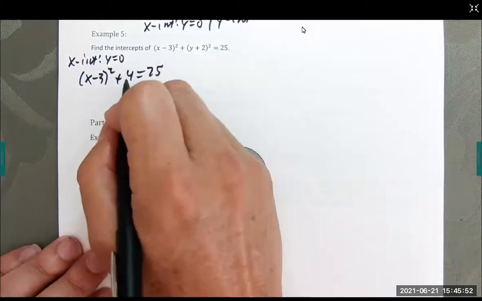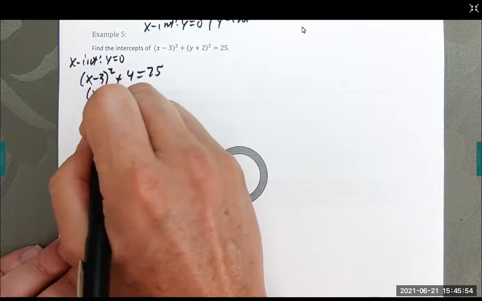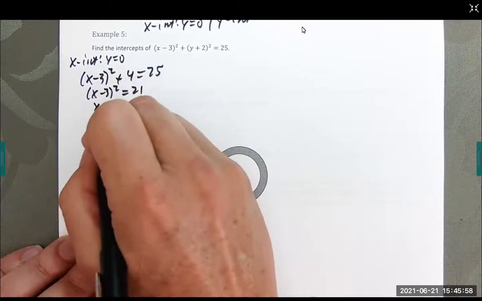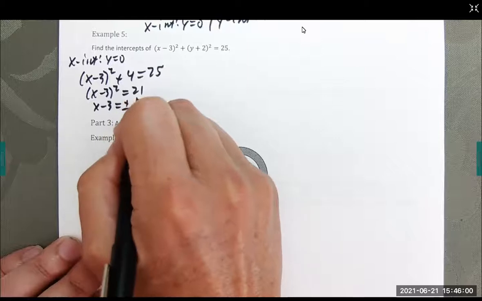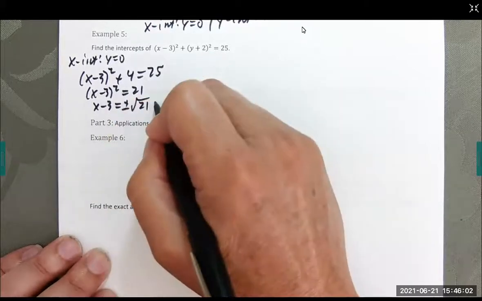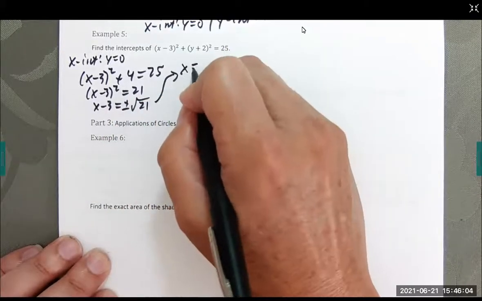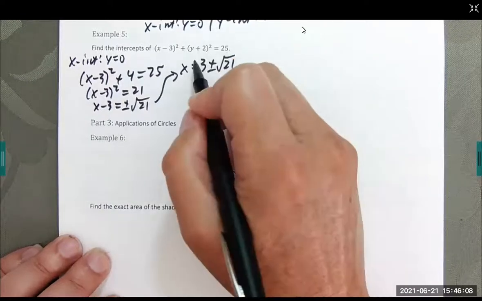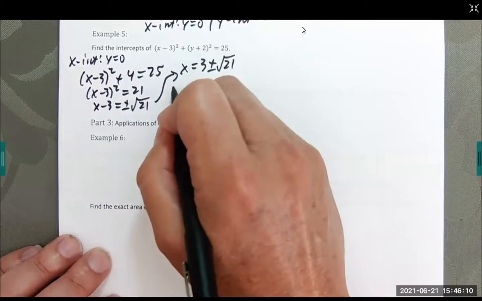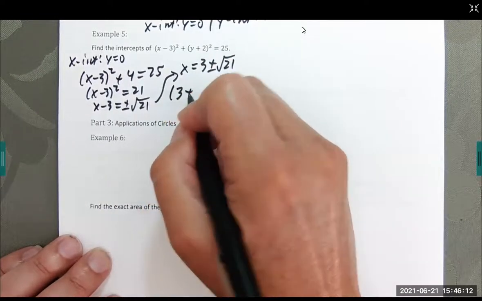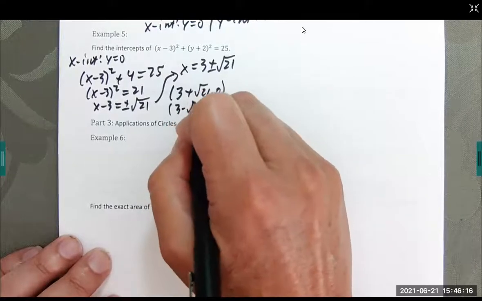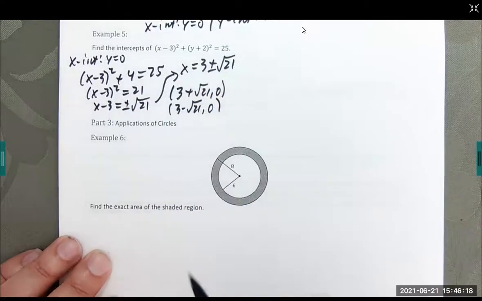And subtract the 4 over, x minus 3 squared equals 21. X minus 3 equals plus or minus root 21, which means x equals 3 plus or minus root 21. We can write those as points. That'll be 3 plus root 21, comma 0. 3 minus root 21, comma 0. There's our x-intercepts.